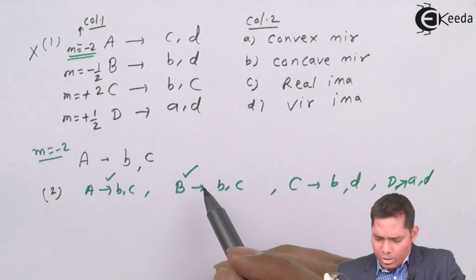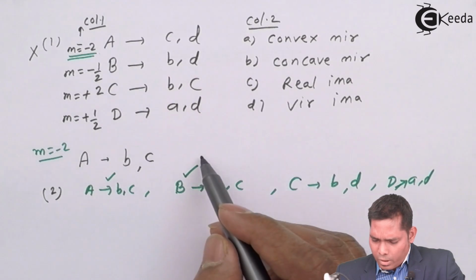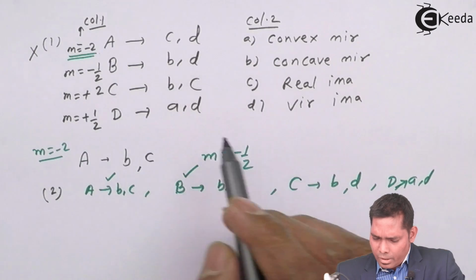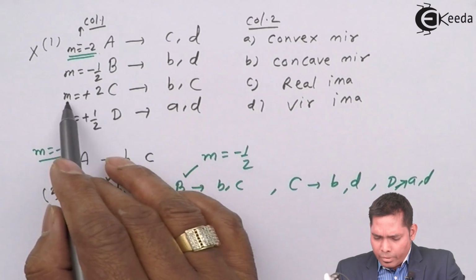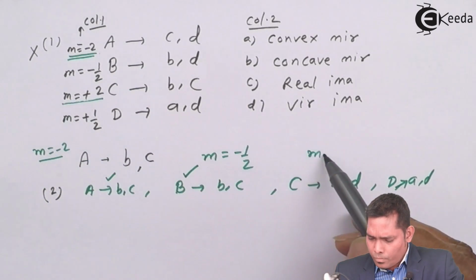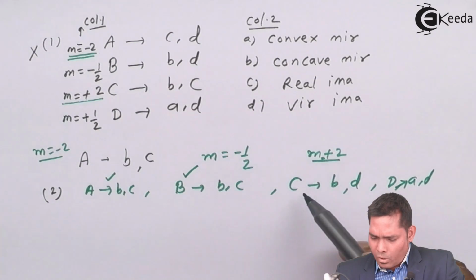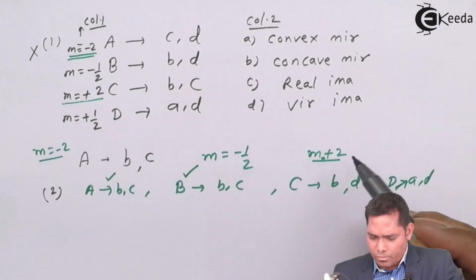Now for C, when M equals +2, whether this is correct or not. When M is +2, plus is positive.